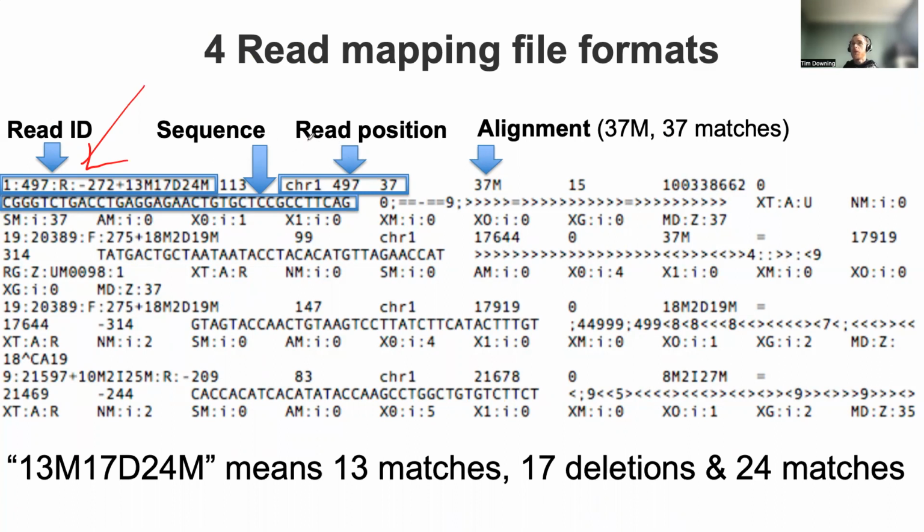As per the name, it's a sequence alignment map, so you have the read position where that read maps, and then information on the alignment. 37M indicates 37 matches, and this read is just 37 bases, so that's a pretty good match. Then you have the sequence here. This is quite a short read. If we had a different code instead of 37M, say 13M, 17D, 24M, that would mean 13 matches, 17 deletions, and 24 matches. So that encoding tells you more about each read.